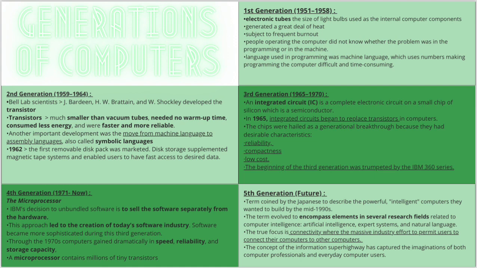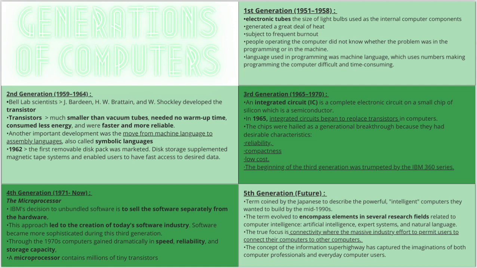Another important development was the move from machine language to assembly language, also called symbolic language. In 1962, the first removable disk pack was marketed. The storage supplemented magnetic tape systems and enabled users to have fast access to desired data.